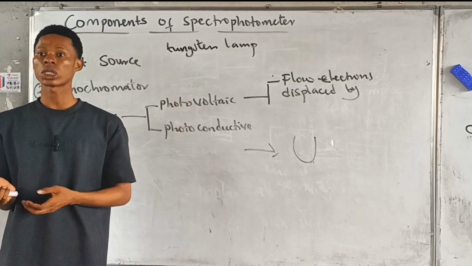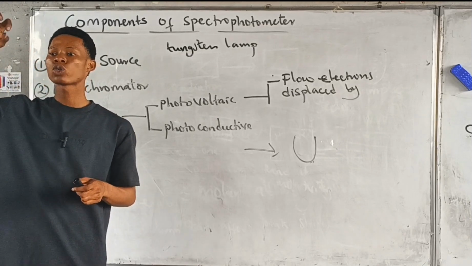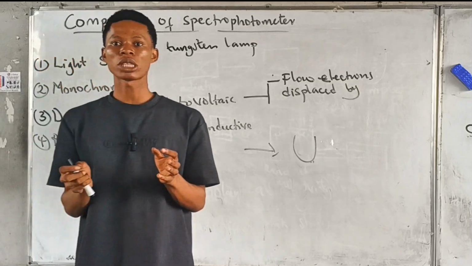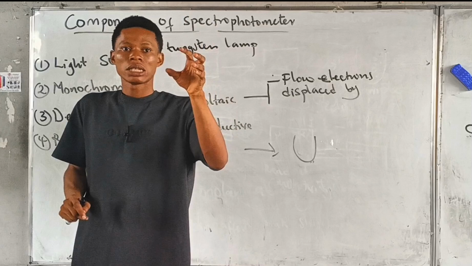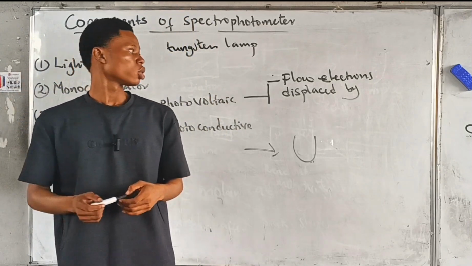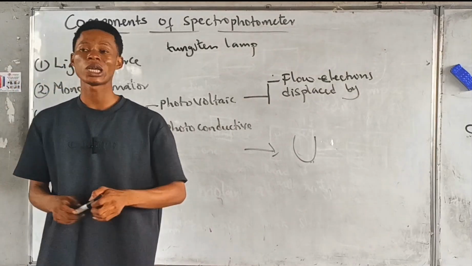Remember, this can be used for quantitative analysis. So it can tell us the amount of that color present. Remember, we said a spectrophotometer can separate light into their different colors and still measure the intensity, the amount of each color present, right? So basically, the application of the spectrophotometer is vast.